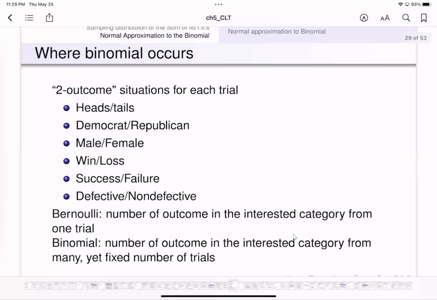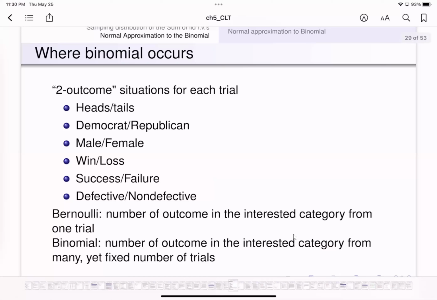Whenever we have this 2 outcome situation, when we have just one subject or object being selected, we see what the outcome is. If it's the outcome of the category we're interested in, for example success, if we randomly select one and it is a success, in that case we record a value of 1.